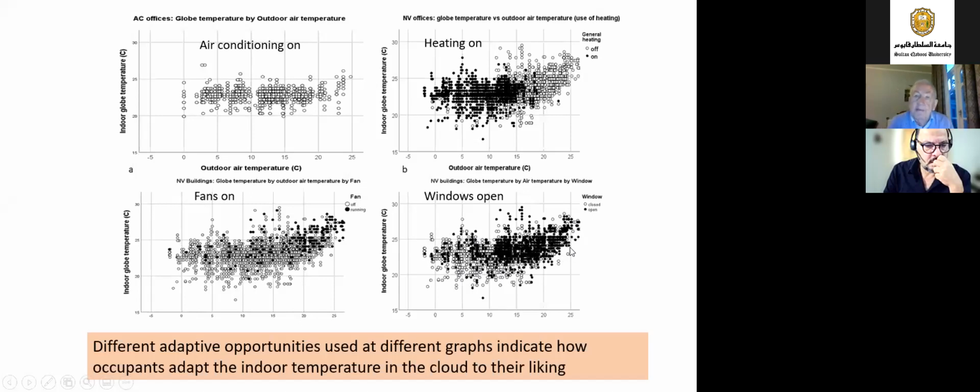So what people have done is they've taken the building. If it's air conditioned, they don't need to do anything. But if it's a naturally ventilated building, they need to make some changes to use the adaptive opportunities they have, the fans, the windows, and the heating, to make the indoor temperature suitable for what they want.